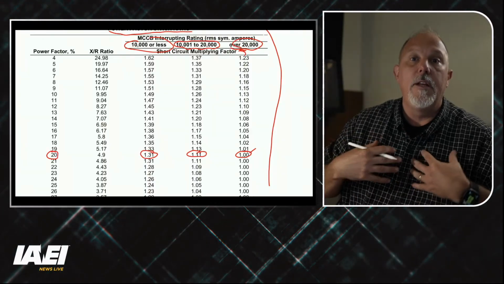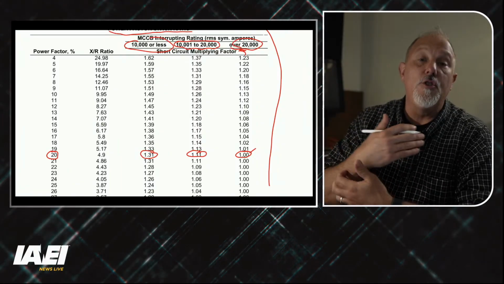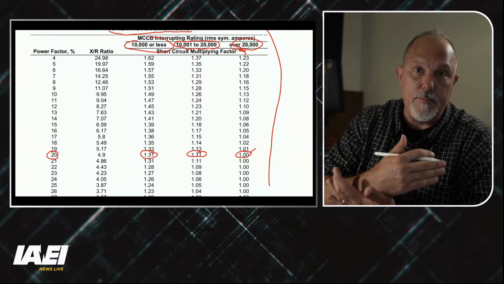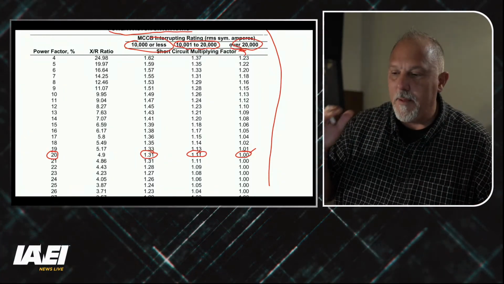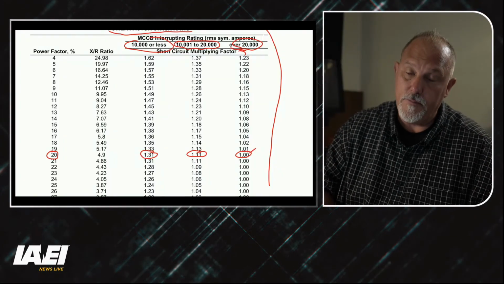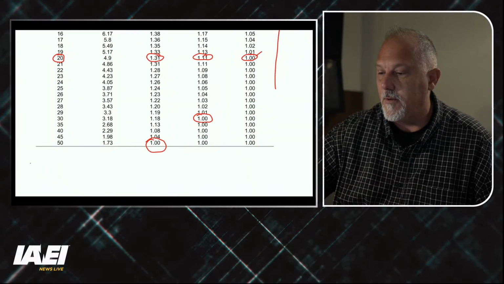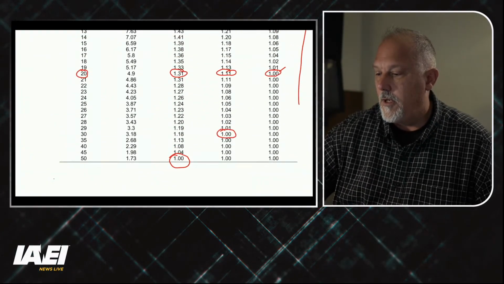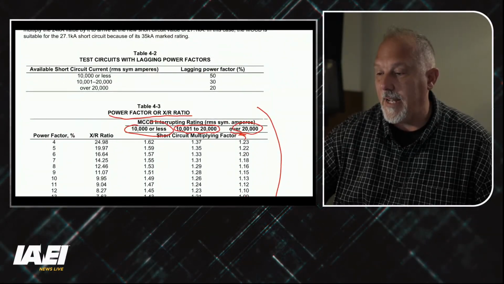That is what the circuit breaker should be tested for to ensure that it can interrupt a 10,000 amp fault current value when the power factor is 20%. That's a pretty low power factor, right? You want to be as close to unity. We're typically around 80%, right? But this is how the units are tested.